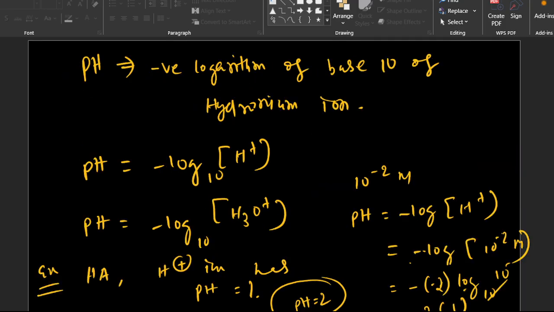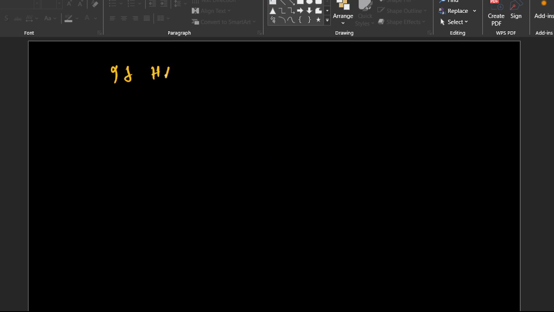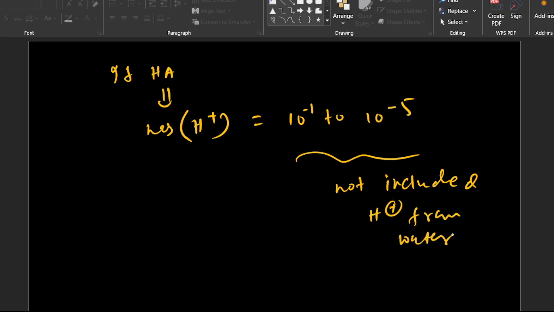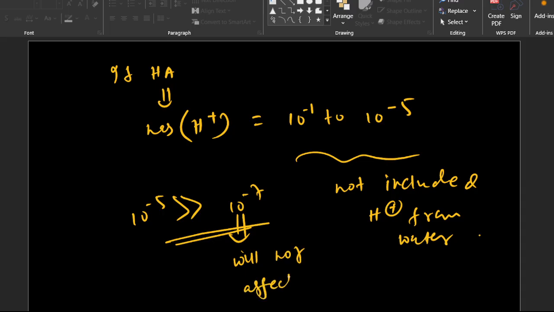So what we have to remember: if HA has an H plus concentration from 10 raised to minus 1 to 10 raised to minus 5, then do not include the H plus concentration from water, because 10 raised to minus 5 is very large compared to 10 raised to minus 7, so the water value will not affect the concentration of H plus from the acid.